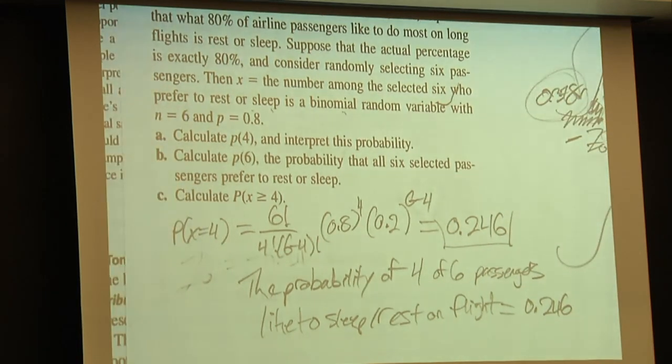So in other words, you ask 4 out of these 6 people if they like to rest or sleep on their flight. The probability that all 4 out of those 6, that's their favorite activity, is 0.246, or about 0.25. Okay? We okay with how I just plugged stuff in?